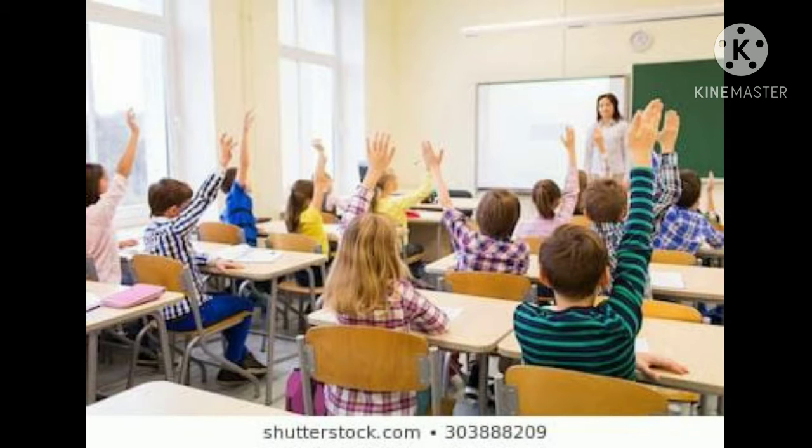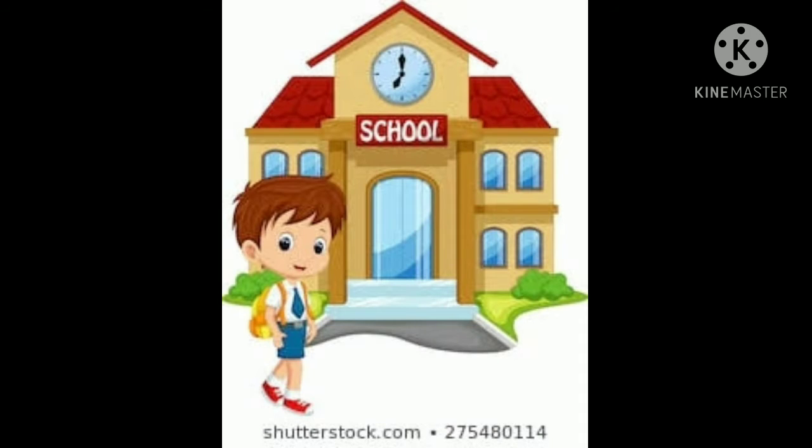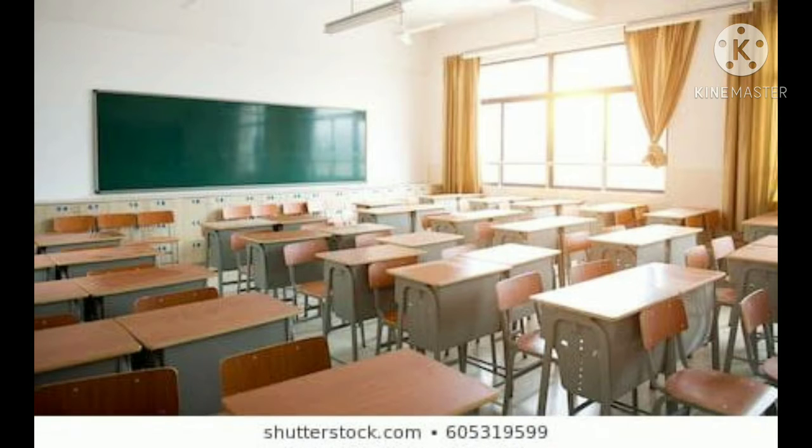Number three, how many are absent? Number four, what is the total strength of students in your school? Number 5 is, what is the total number of boys and girls in your school? Number 6 is, which class has maximum strength of students? Number 7 is, which class has the most absentees?